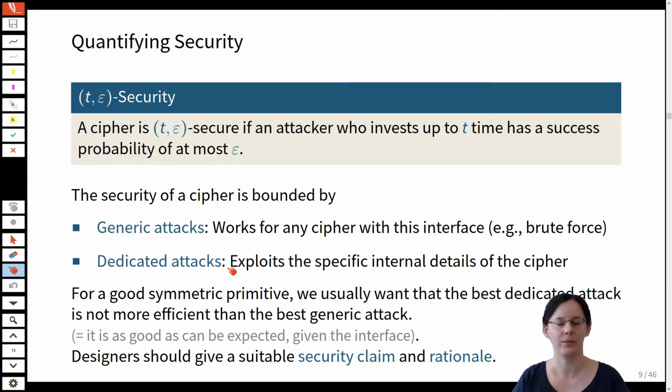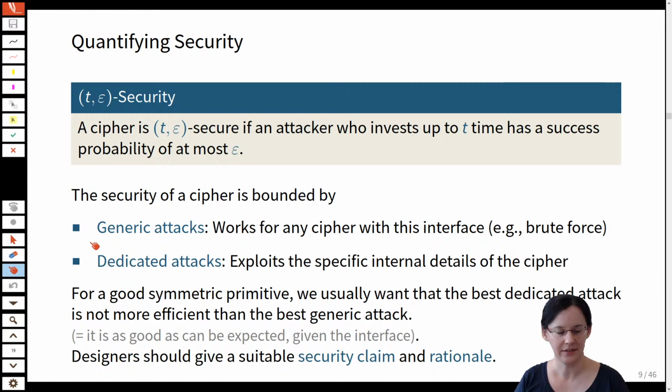And so there are usually two prerequisites for us to call a cipher secure. So the first prerequisite is that it's actually secure in the sense that the security indicated by its parameters is good enough for our application. So for example, the key is at least 128 bits large. So this is the generic security.